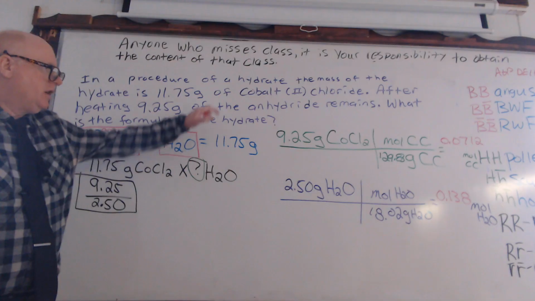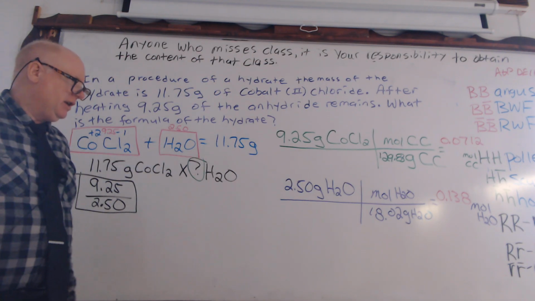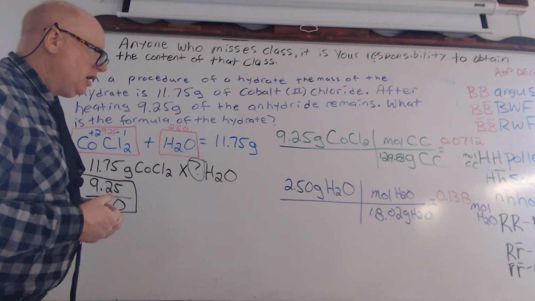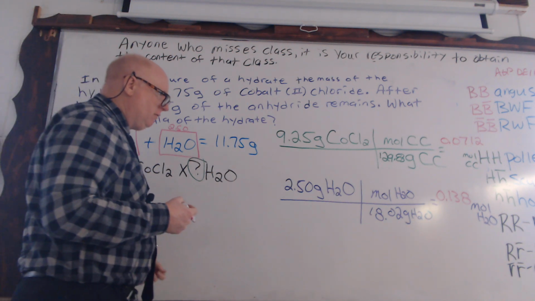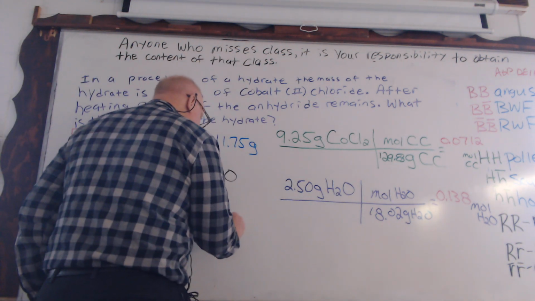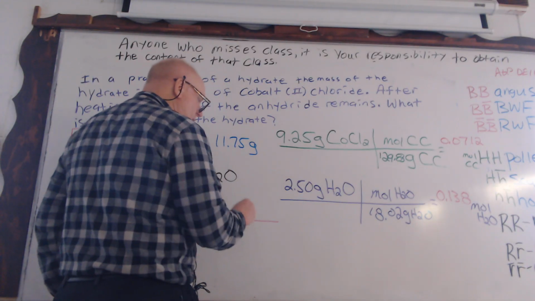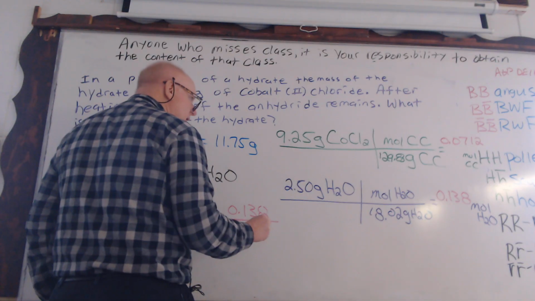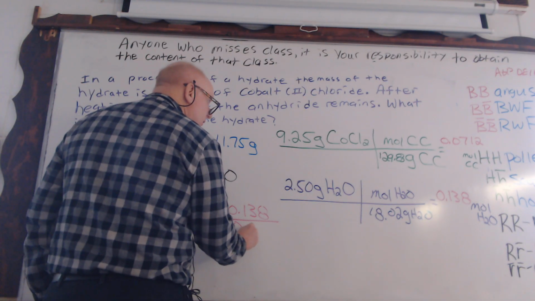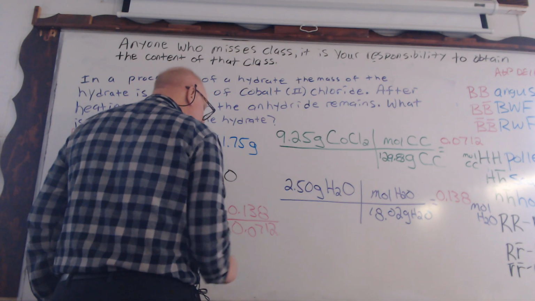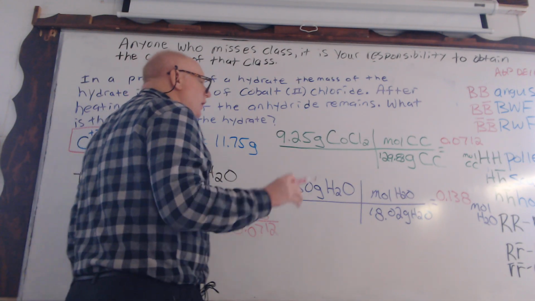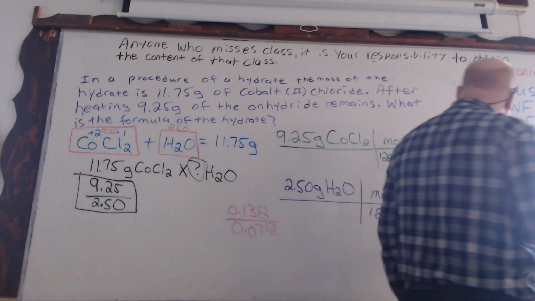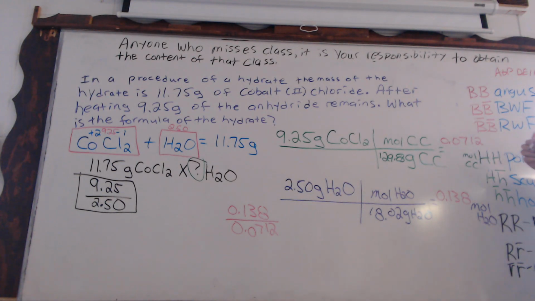Even though we're talking about hydrates, you would solve this in a similar manner. So then our next step must be what? Okay. So then our larger one, 0.138 goes on top, 0.0712, which if we were to analyze this and find out that if this number was bigger than that one, I think it would be fair to say we would have problems.